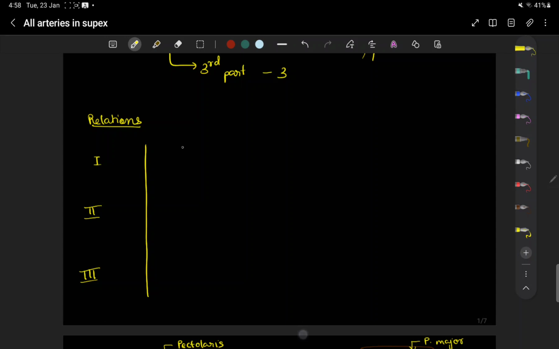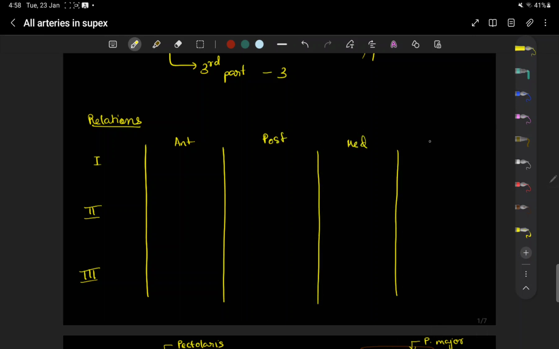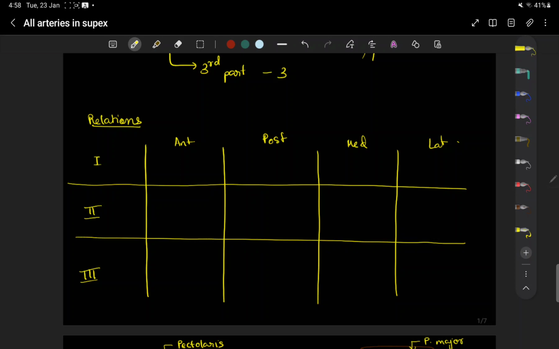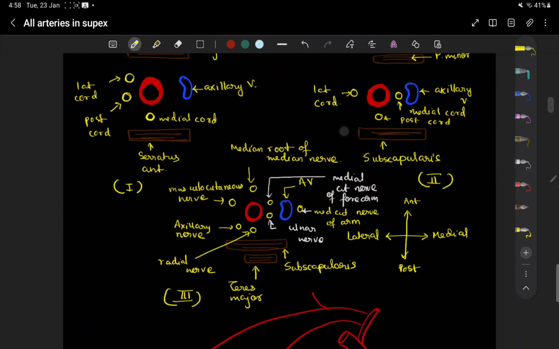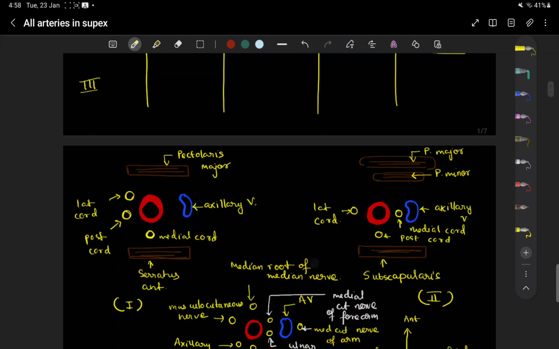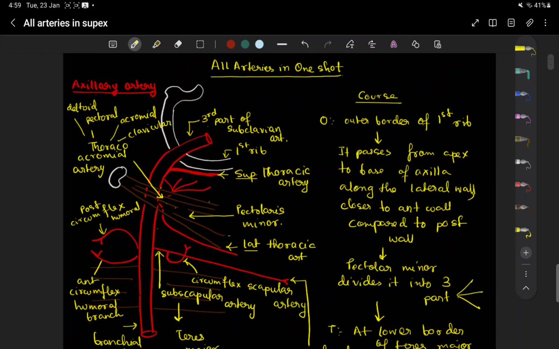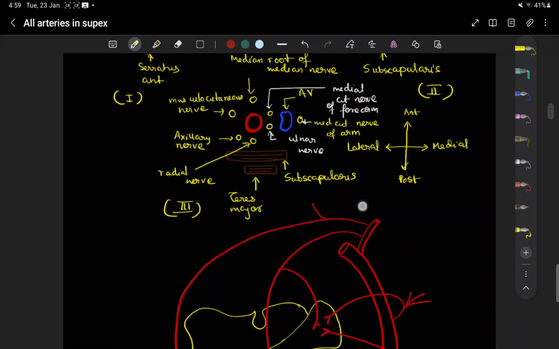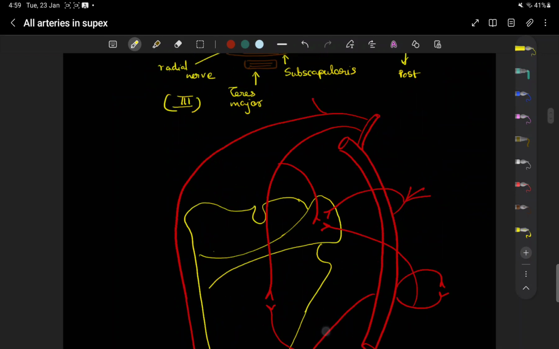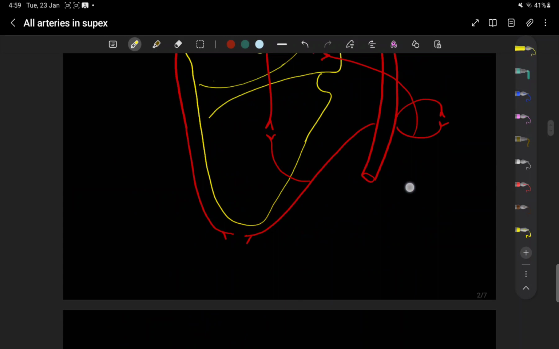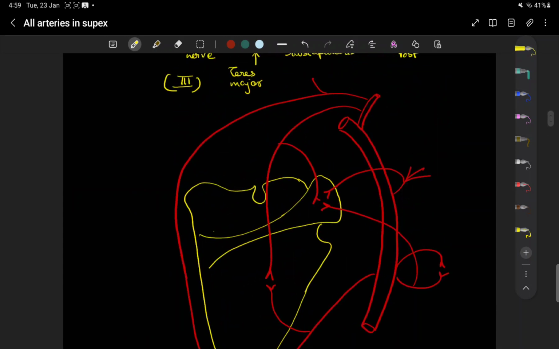Make a table with the anterior relations, posterior relations, medial relations and lateral relations, and fill it yourself, from memory, with your eyes closed, without looking. Okay, now you would be able to do it. You have to always imagine the relations. So the axillary artery is more or less done: you have to mention the course, origin, termination, write and mention the branches, and the relations are done, and draw the diagram. Okay. Next we will move on to the scapular anastomosis. Okay, should I move this down a bit? No, leave it. Scapular anastomosis.